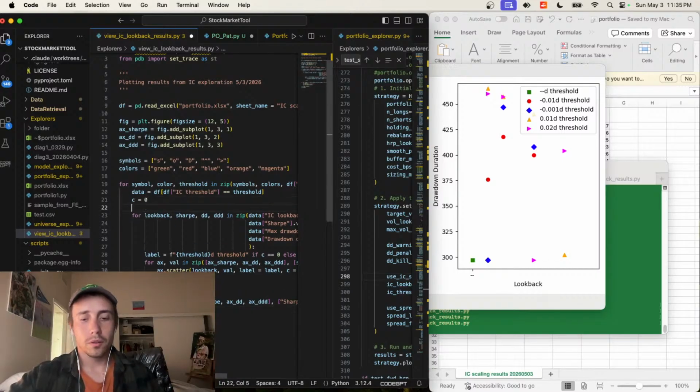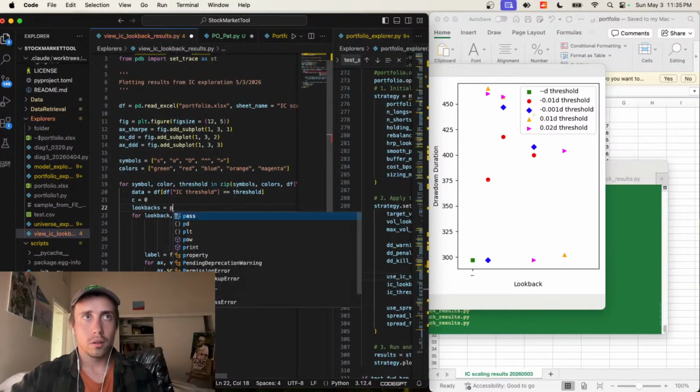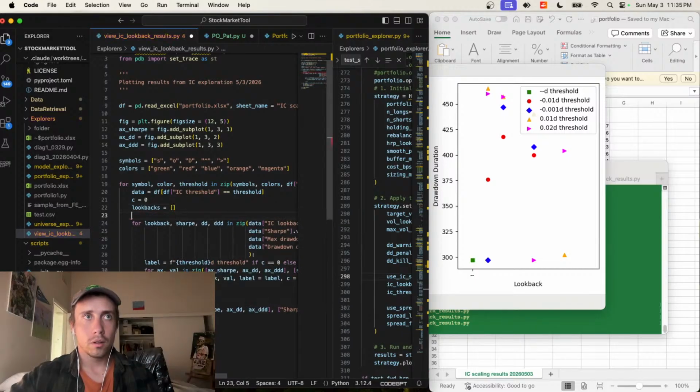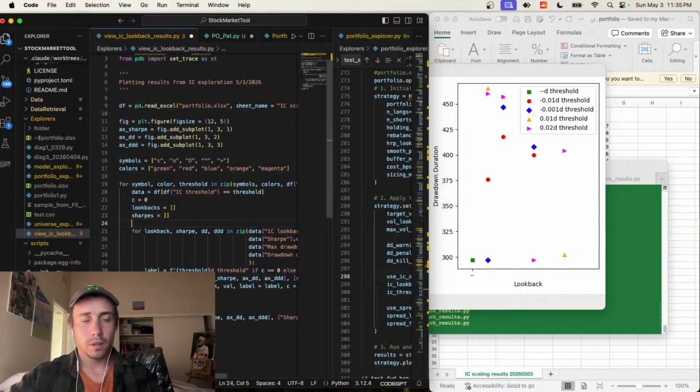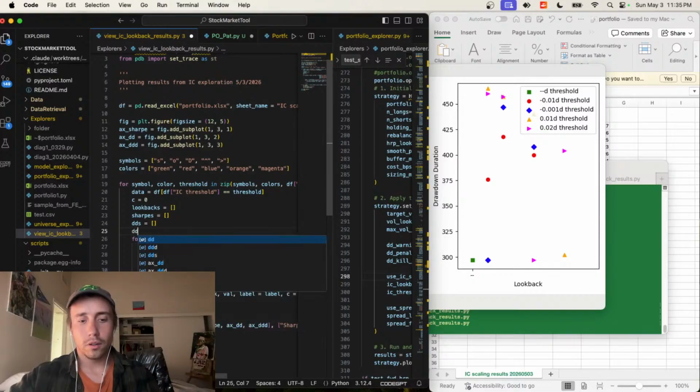Okay, so look backs, sharps, drawdowns, drawdown durations.